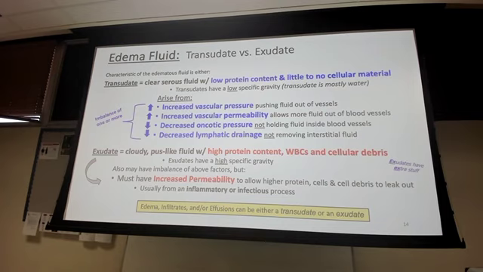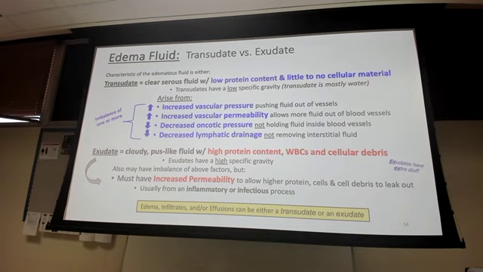If we take a sample and send it to the lab, there's something called specific gravity. Have you guys heard of that term before? If we do that test and it's close to water, then we're going to have a low specific gravity.